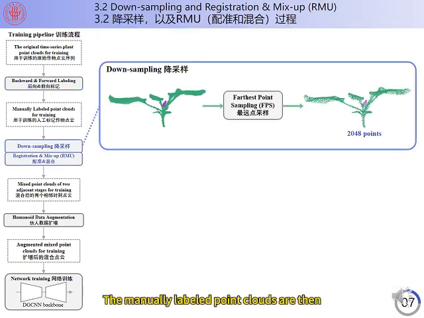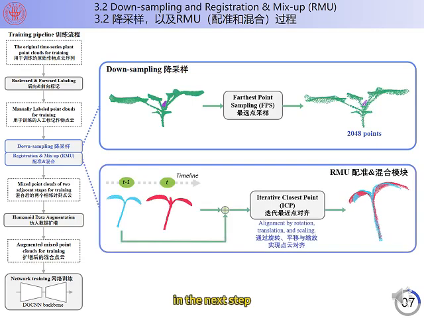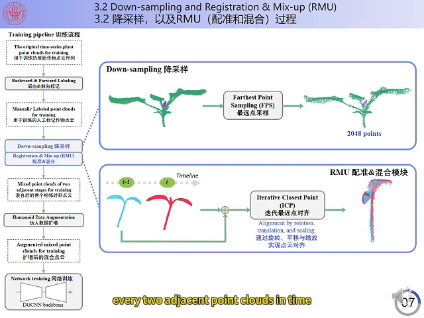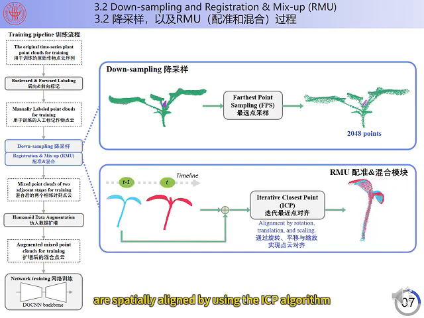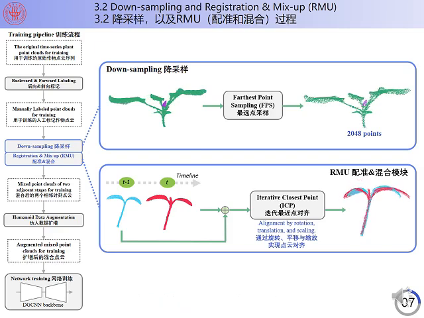The manually labeled point clouds are then downsampled by the FPS algorithm to fix the point number at 2048. In the next step, every 2 adjacent point clouds in time are spatially aligned by using the ICP algorithm to generate a mixed point cloud.